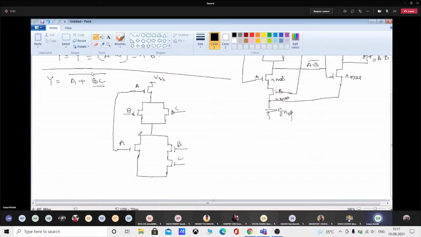And see, I told you, several connections will be there. So you will connect like this, or you can connect like this, or write like this also. We will understand that this is connected with this. From here you will get the output that is equal to A plus BC whole bar, and this is your ground.